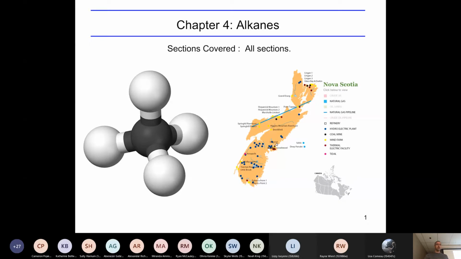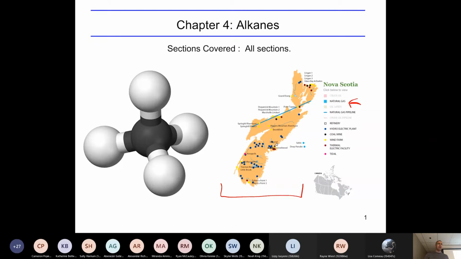So alkanes, of course, are just hydrocarbons where all the atoms are carbon or hydrogen, and they're connected by only single bonds. If there's double bonds, they're alkenes. If there's triple bonds, they're alkynes. And this is just a map of Nova Scotia showing where a number of different energy sources are, but the one I wanted to point out here was natural gas, because natural gas is composed of alkanes.